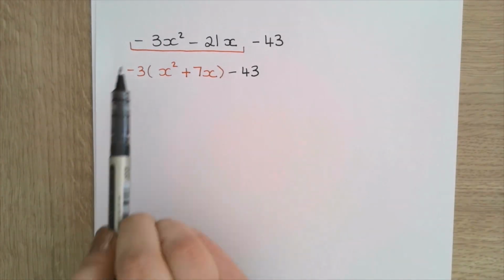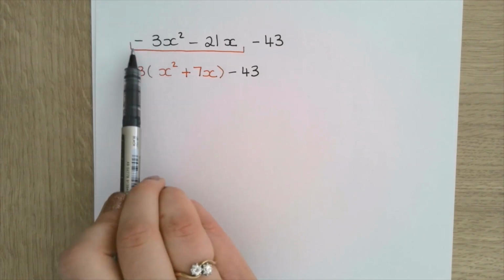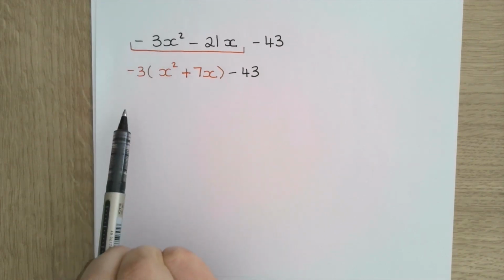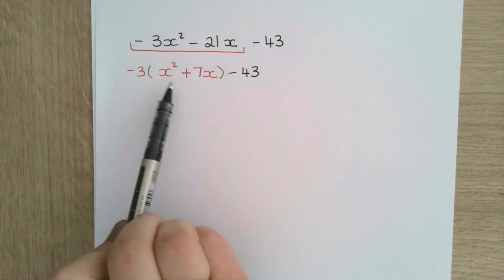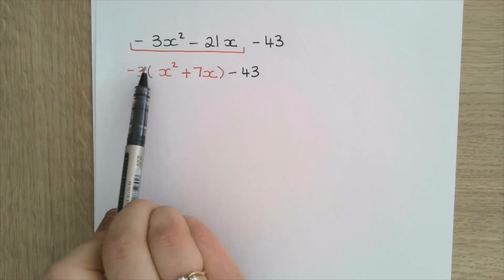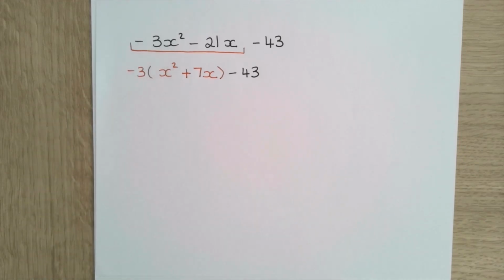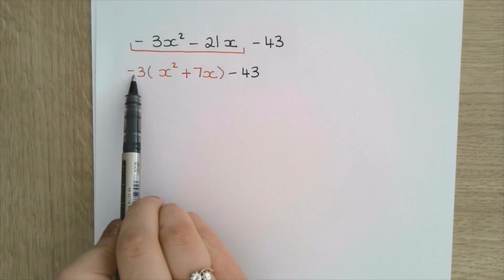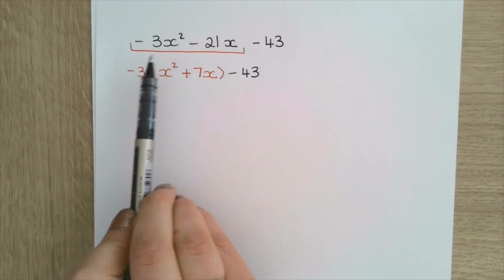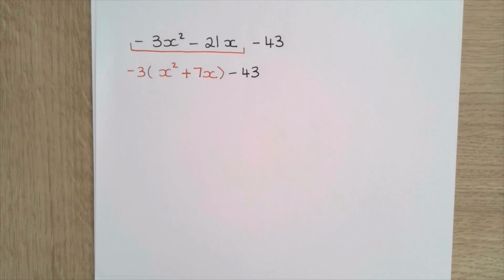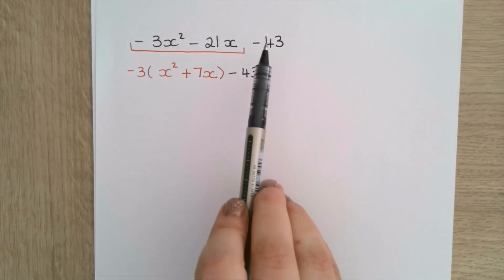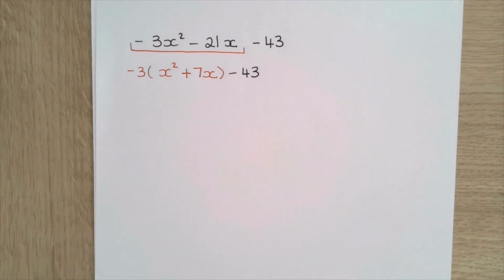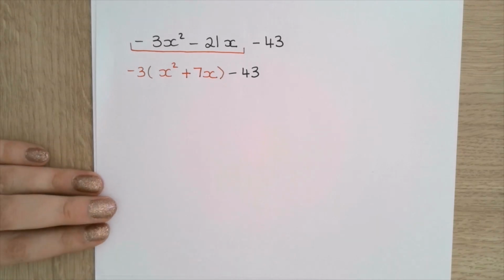So just to talk you through that, I have factorised by pulling out -3 as my factor. When I multiply out this bracket that I've just factorised, negative 3 times x squared does get me negative 3x squared, and then negative 3 times my positive 7x does get me negative 21x. Obviously then just put my minus 43 on the end.